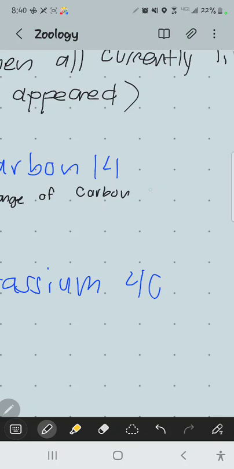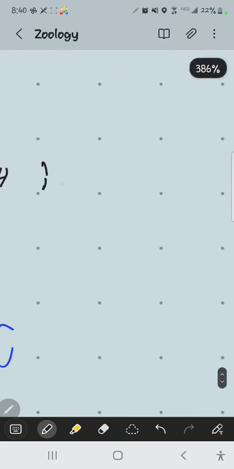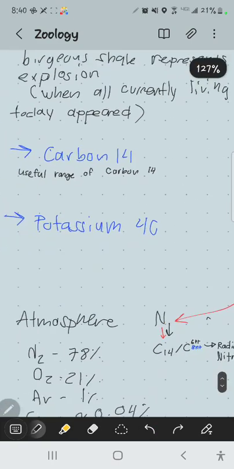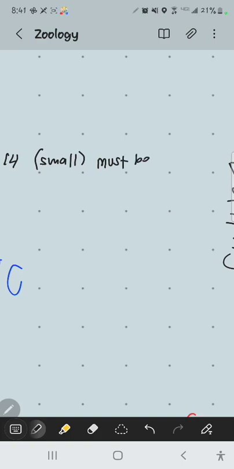The machinery that we have is sensitive enough that it has to be about 100 years old before you can know that it's beginning to lose carbon-14. But the maximum useful range is only about 30 to 60,000 years.